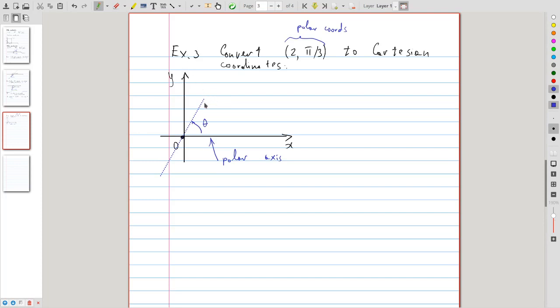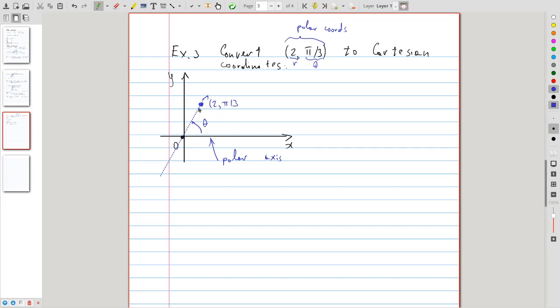And so we must then measure 2 units corresponding to r in the positive direction of the rotation of the polar axis we have here. So let's say after we measure distance 2 in the positive direction, we end up at this point here. So this is the point with polar coordinates 2, pi over 3.